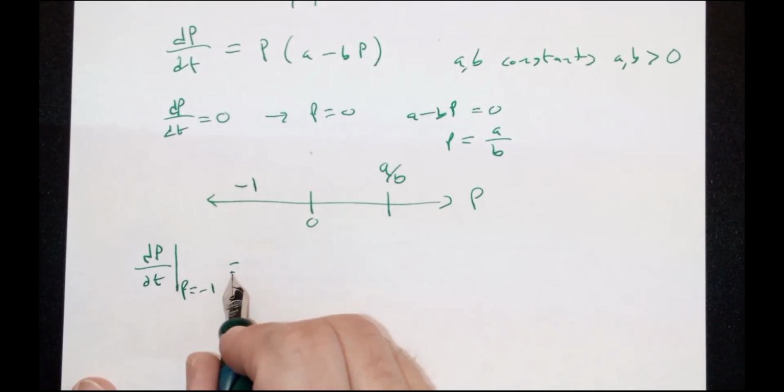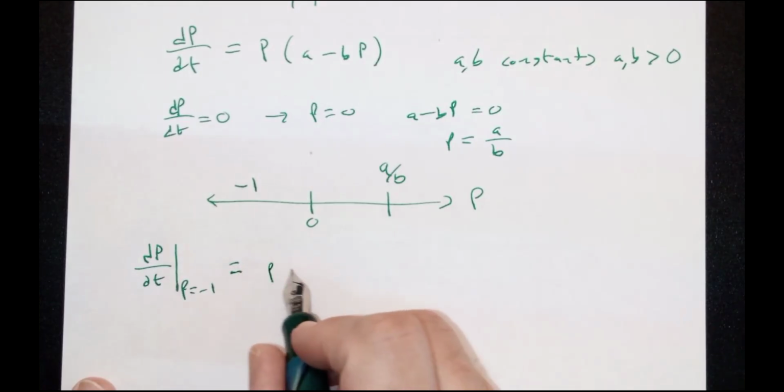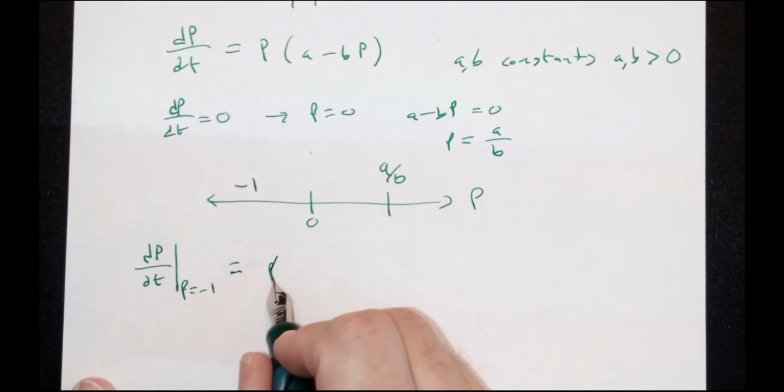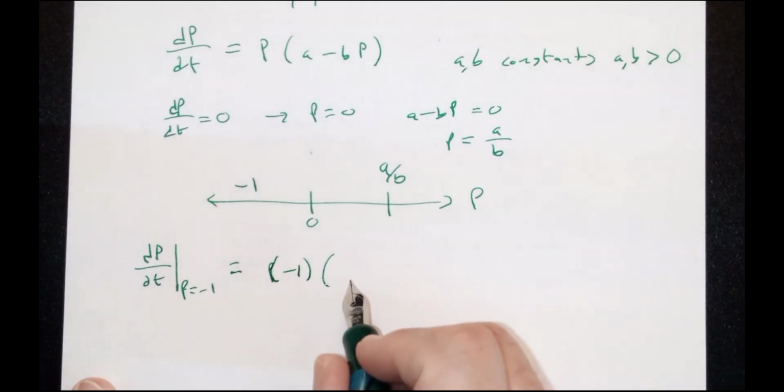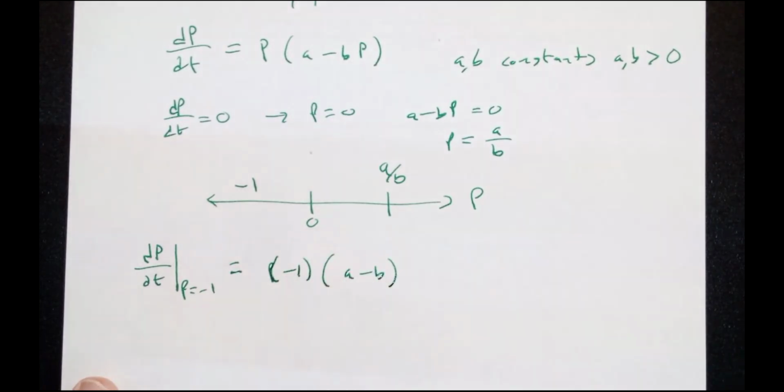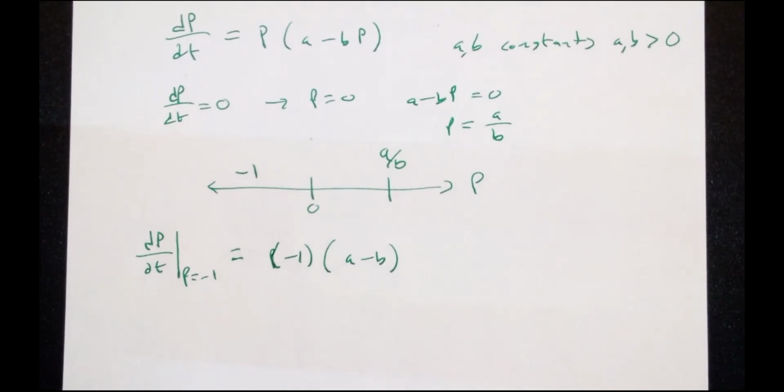And you get P, well, P is -1. So I get -1 times A minus B, because the B got multiplied by P as well, right? Because P is -1. And A minus B times 1, right? There's a 1 there.